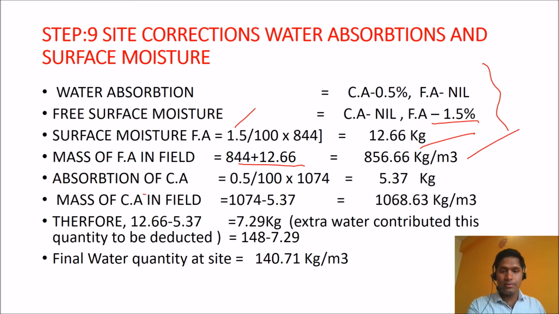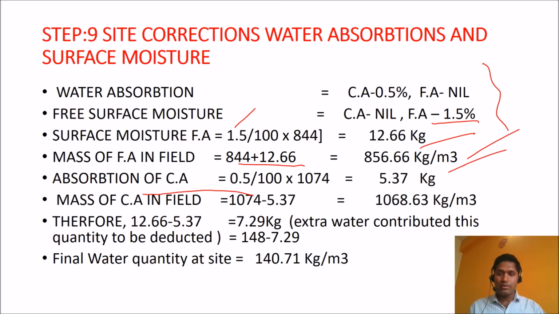Water absorption of the coarse aggregate means the amount that coarse aggregate needs to become SSD condition, that is saturated surface dry condition. Basically the concrete mix design is done assuming that aggregates are in SSD condition. So 0.5% of the 1074 is 5.37 kg.